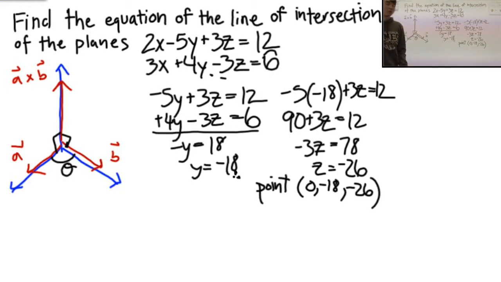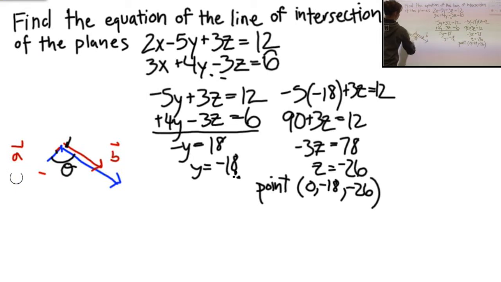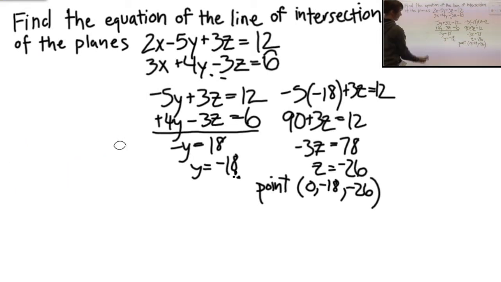So next we need to find our normal vectors. In order to do that, we're going to need to take a cross product. And we're going to need the normal vectors of the equations to take that cross product. So the normal vectors are just going to be the coefficients of your equations.